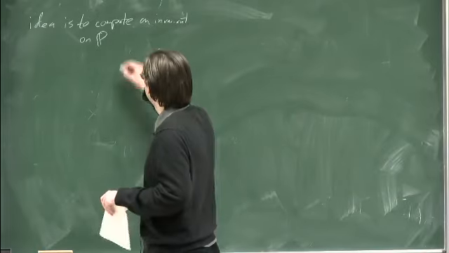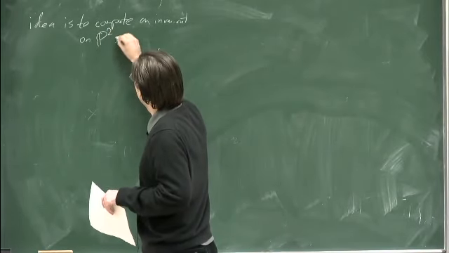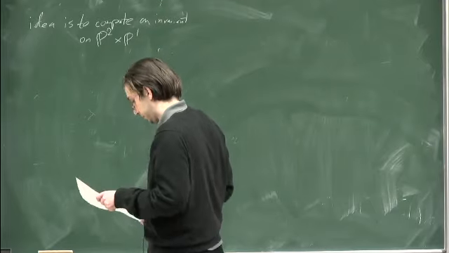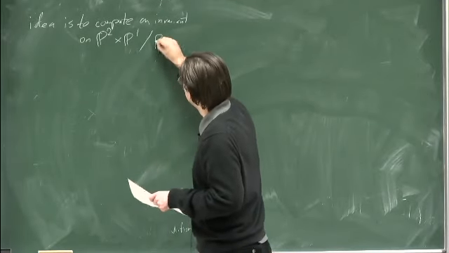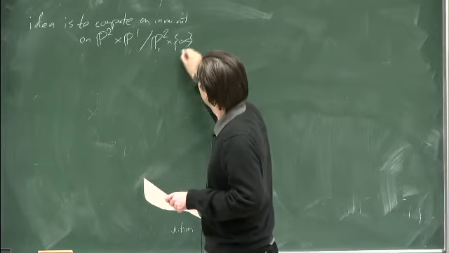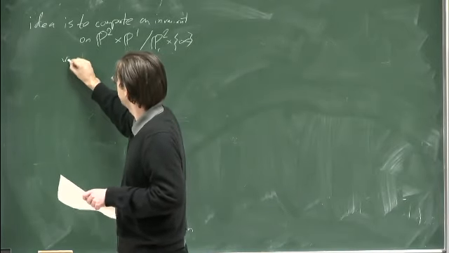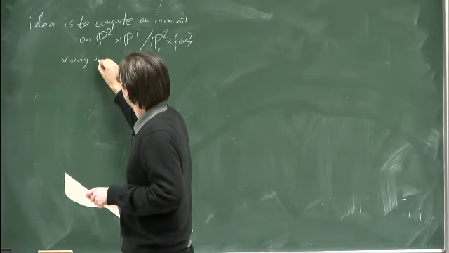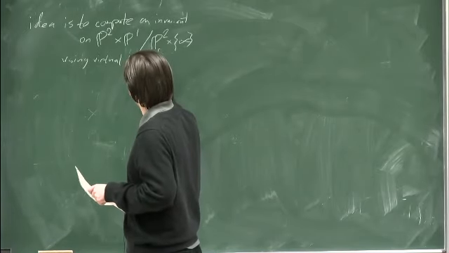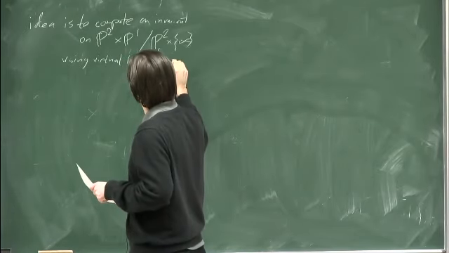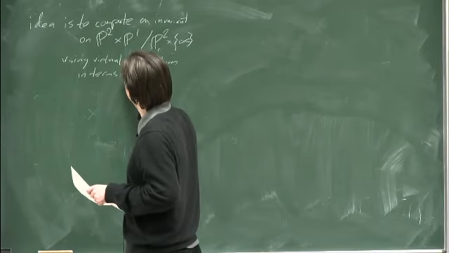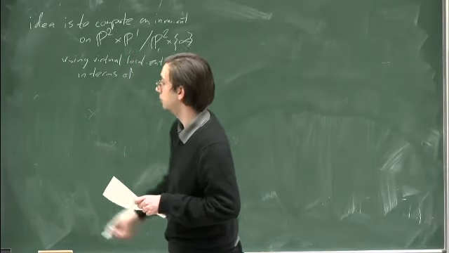Here I want to compactify that to P2 cross P1. Again, relative to a single fiber. So compute that using virtual localization in terms of some of these capped invariants.